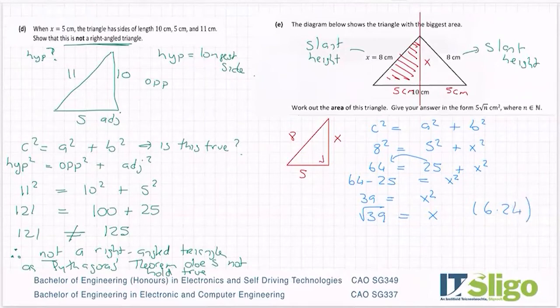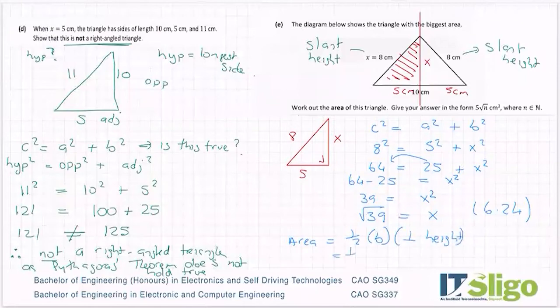And that's what I would expect. Remember I said the hypotenuse is always the longest side in a triangle, okay? So I was expecting that to be less than 8. So that feels right.